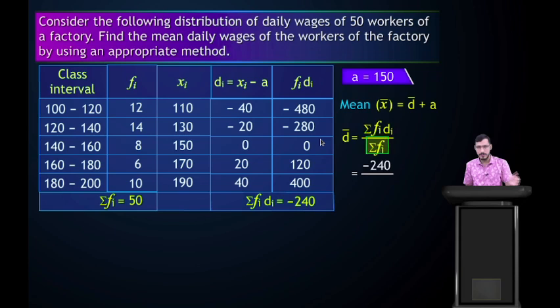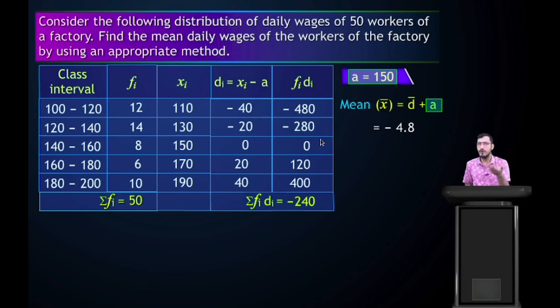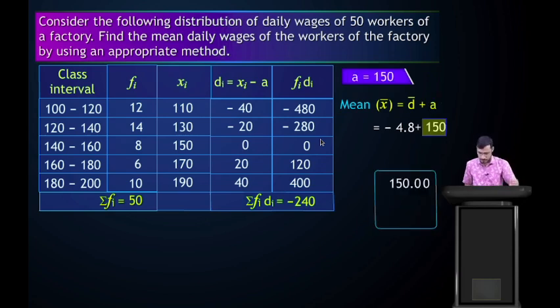Now substitute these values in the formula. So minus 240 divided by 50, that is minus 4.8. So d bar is equal to minus 4.8. Now a is equal to 150. So 150 minus 4.8, what will we get here?